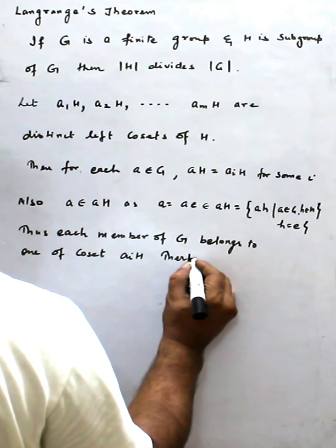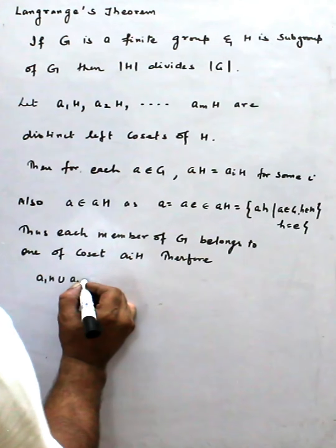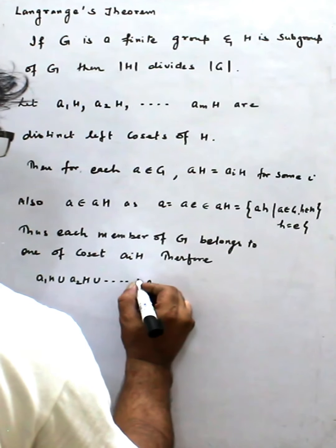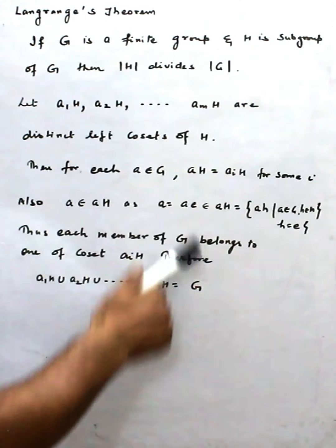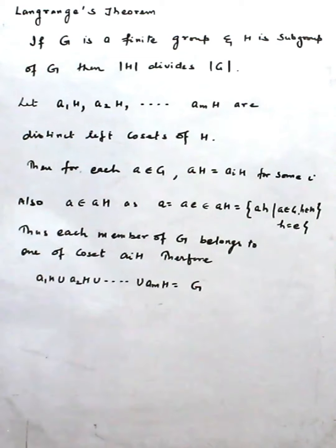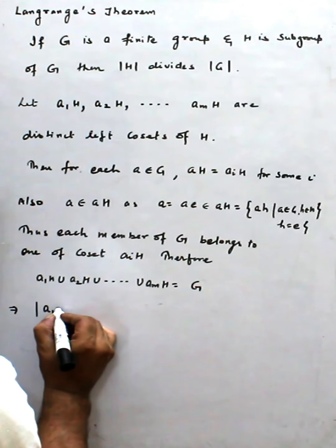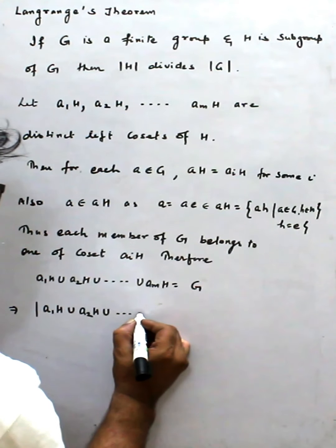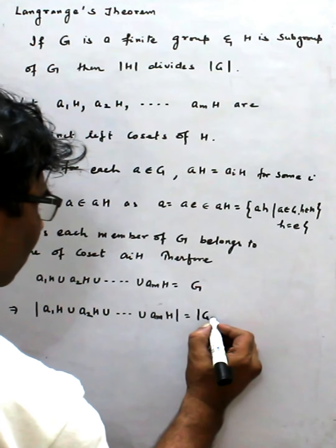Therefore A1H union A2H union ... union AMH is equal to G. That means the union of all these cosets equals G. And if we take the order, we can write the order of A1H union A2H union so on union AMH equal to the order of G.